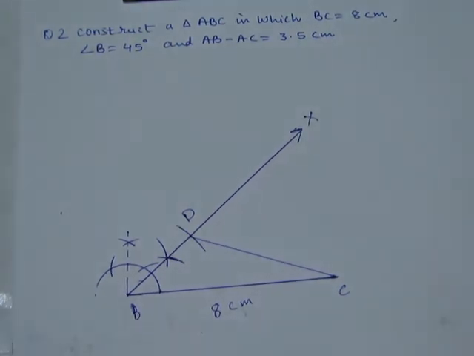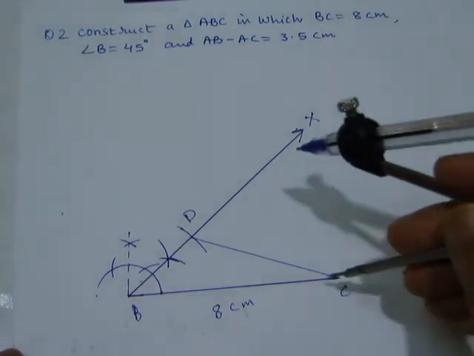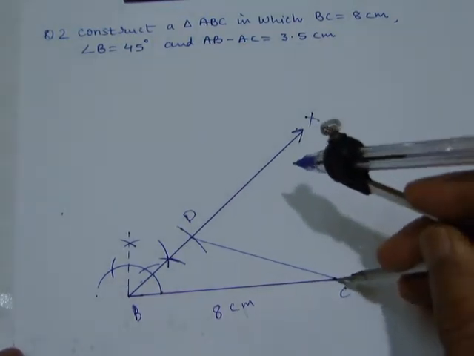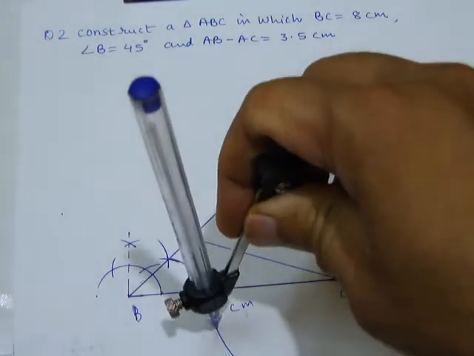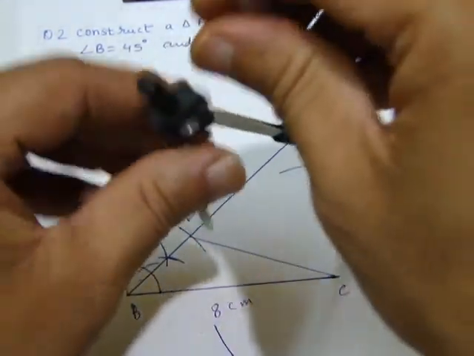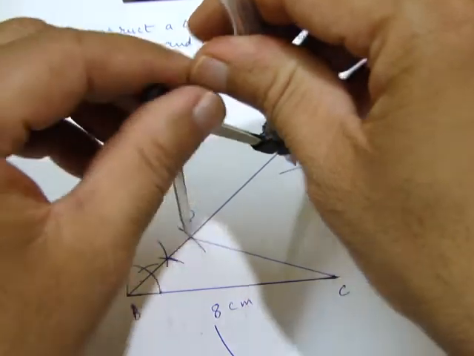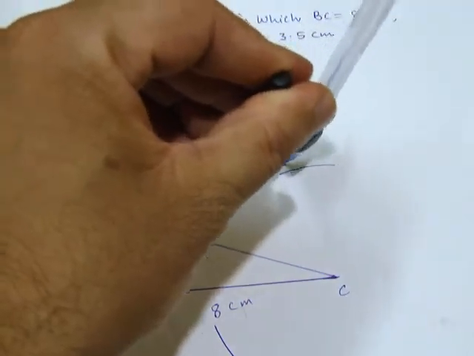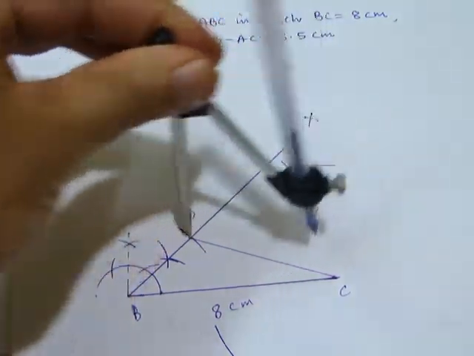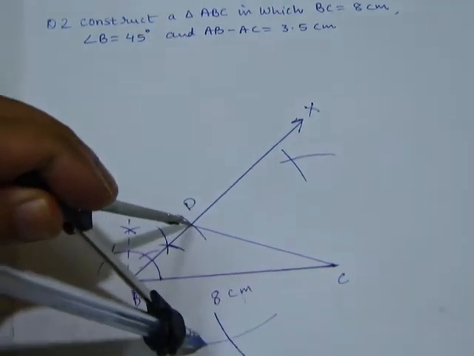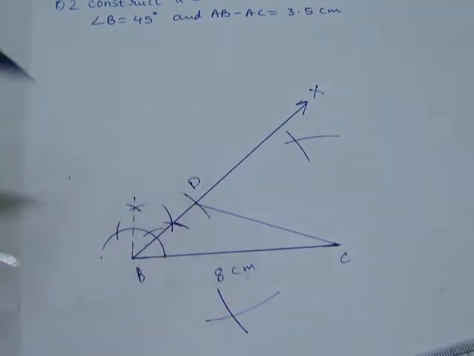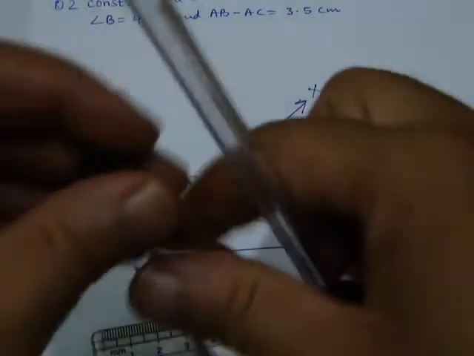Now we will draw the perpendicular bisector of CD. So one arc from C, on both sides, and another from D. Now we will join it.